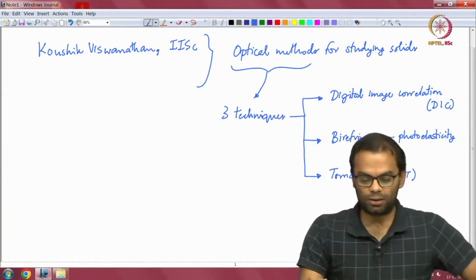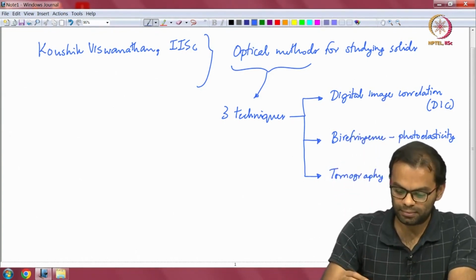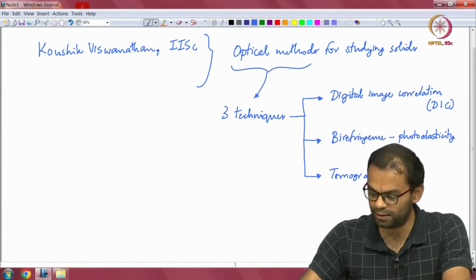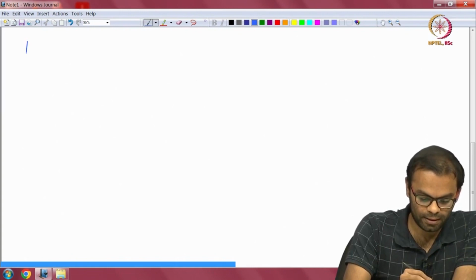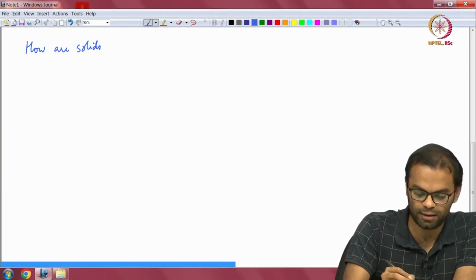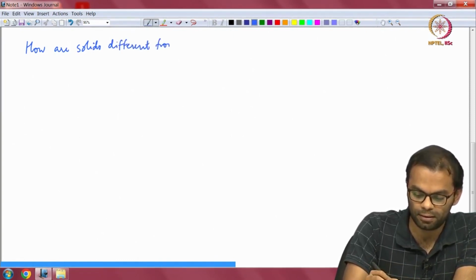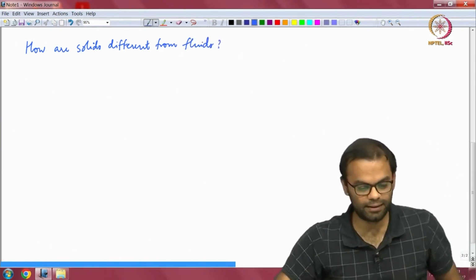Before I start, let us very quickly see how solids are different from fluids. Obviously this is a very naive question.